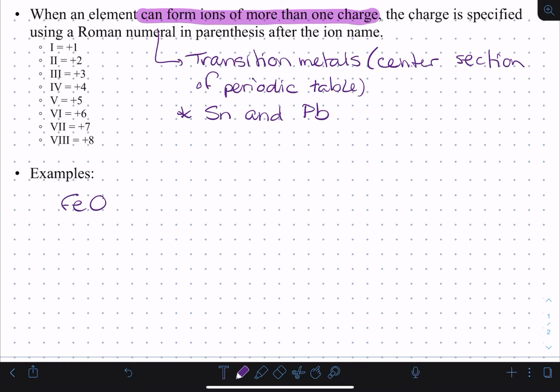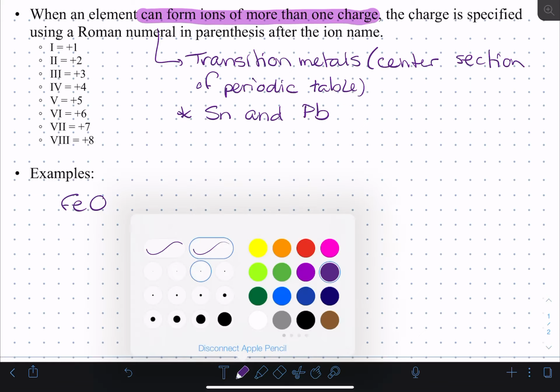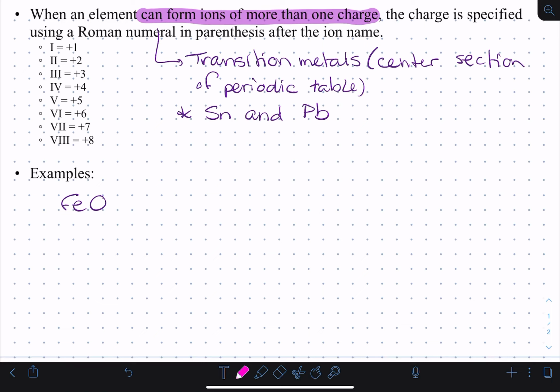So in order to specify the charge, we need to know what the charge is. So iron has options, either +2 or +3. You don't specifically need to know that. But oxygen doesn't. Oxygen and everything in its family tends to form ions with a -2 charge.